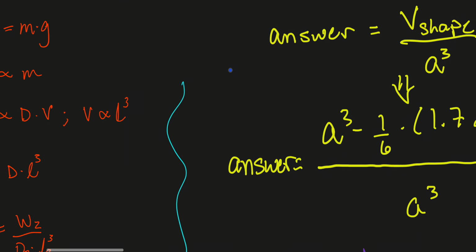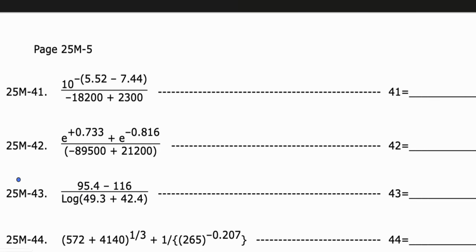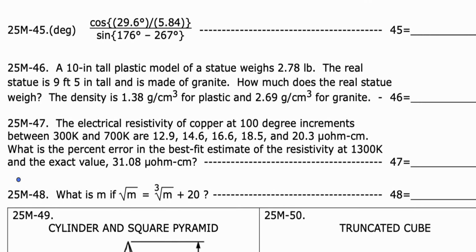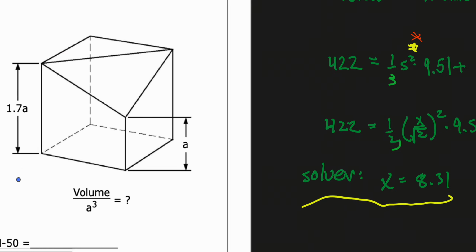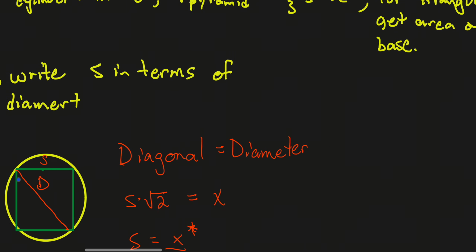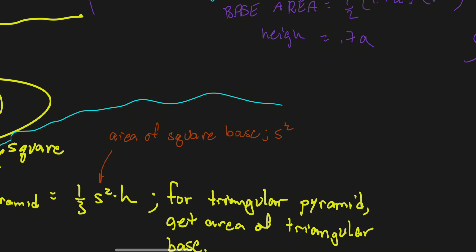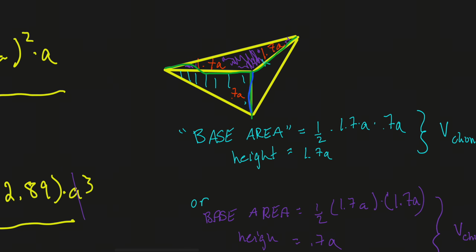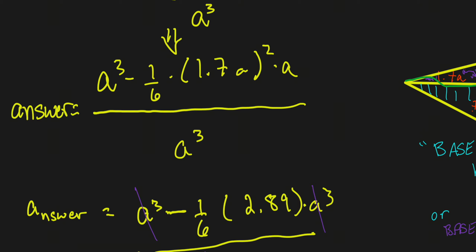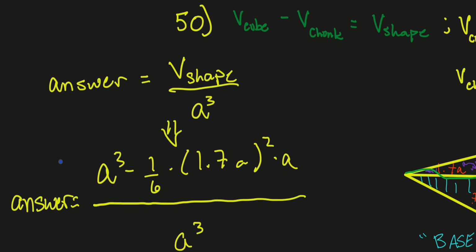So they want us to get the volume of that shape over a cubed, which is going to be going back over here. Right over here. The volume of the shape would be the volume of the cube, which would be 1.7a.